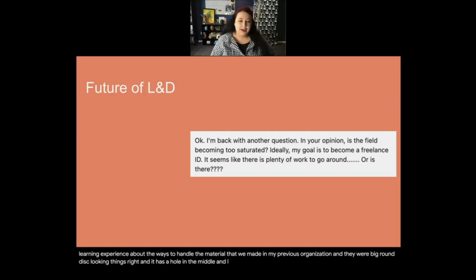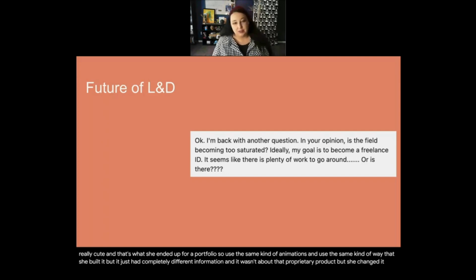And I said, hey, that kind of looks like a donut. So she made a copy of it and then took out all the proprietary information of the particular experience and then made it about how to make various donuts. And it turned out really cute. And that's what she ended up for her portfolio. So it used the same kind of animations and used the same kind of way that she built it, but it just had completely different information in it. It wasn't about that proprietary product, but she changed it for it to be donuts.